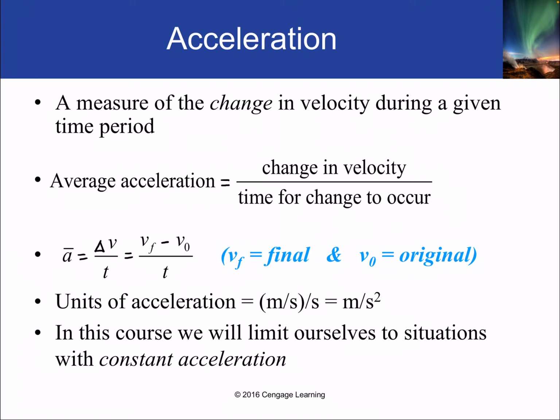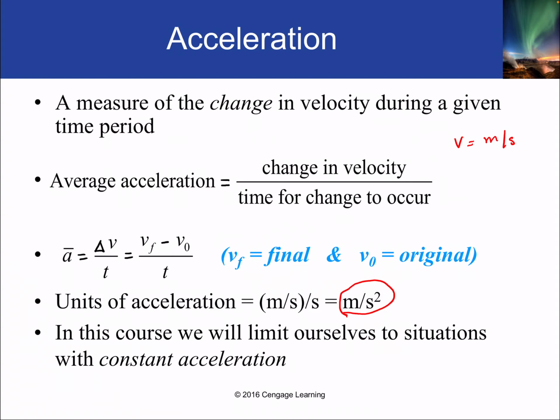So our units are going to be different. If you remember, our units of speed were meters per second. Well, now our units of acceleration are meters per second squared. And this is the way you normally write meters per second squared. Okay.